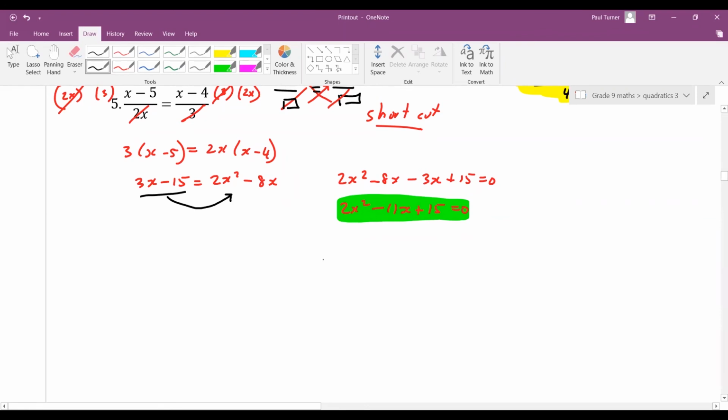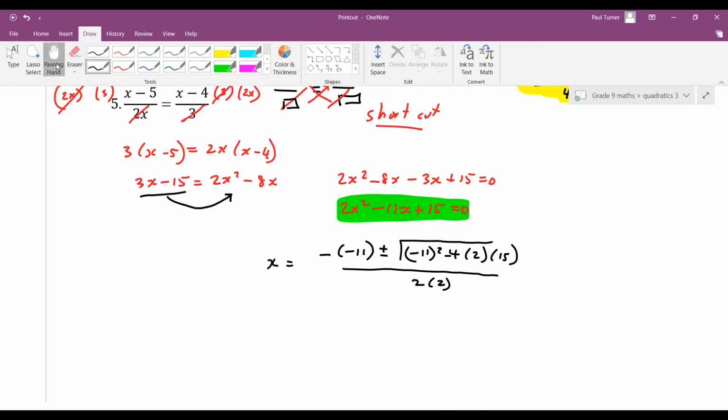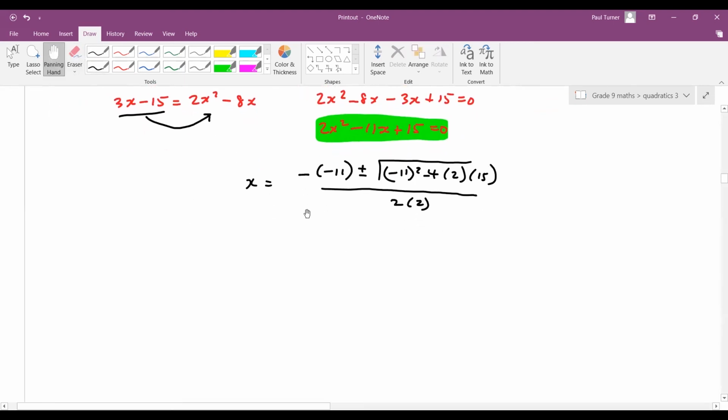So, okay, so without writing the formula, now we have minus b plus or minus the square root of b squared minus 4ac, all on 2a, and that will be x. Okay, so when you get used to the formula, it's relatively quick to do and quicker than completing the square as well. So minus negative 11 is 11.